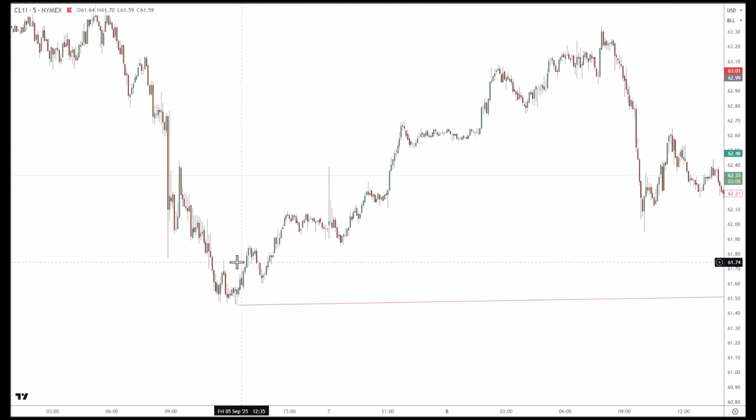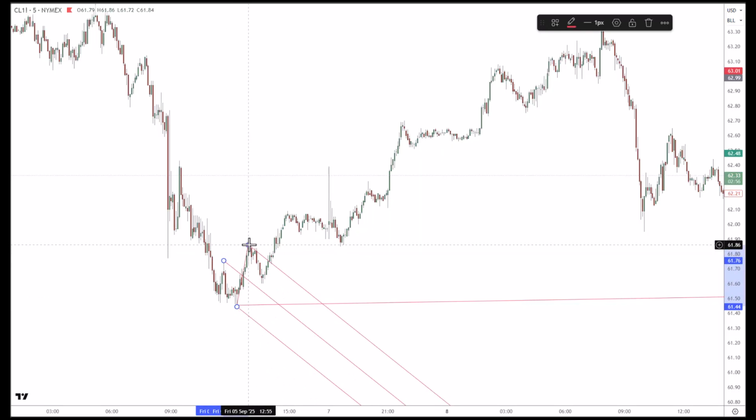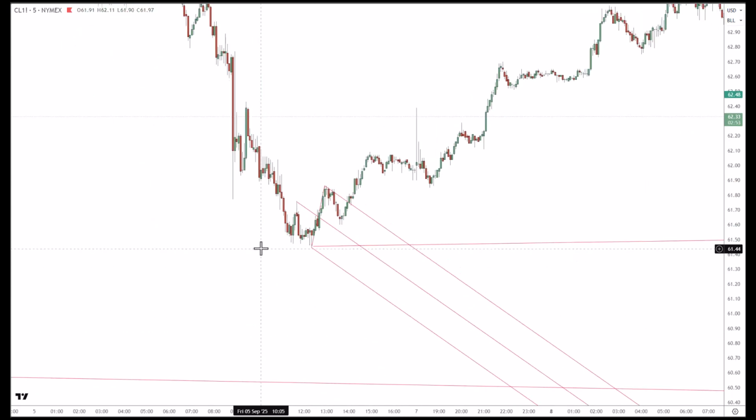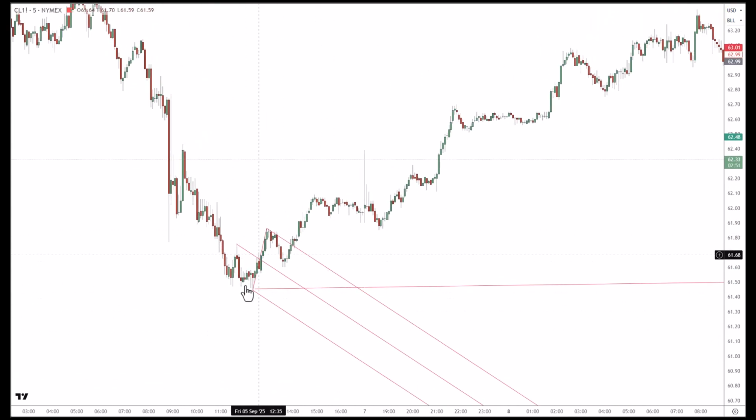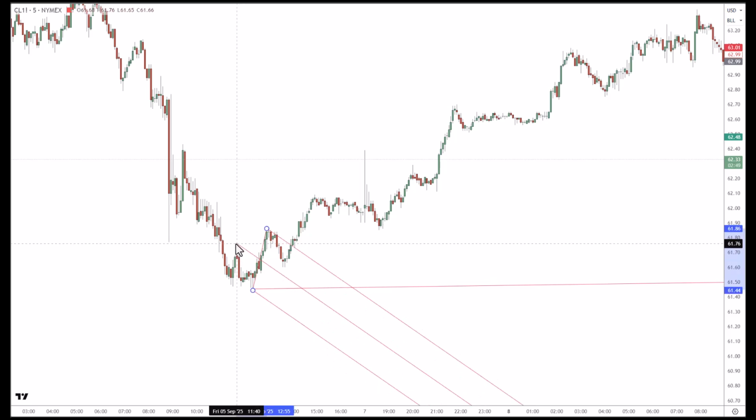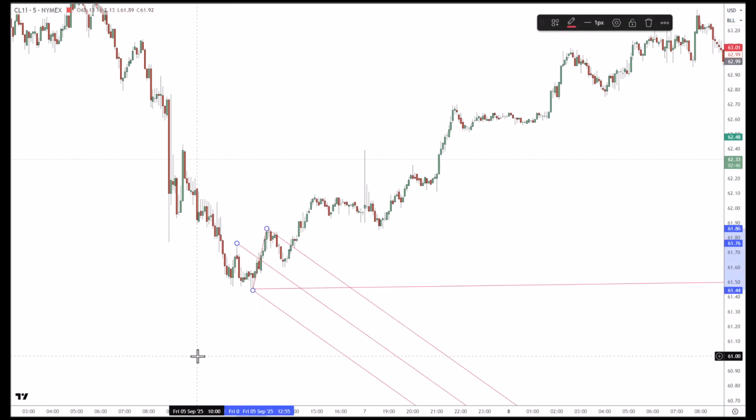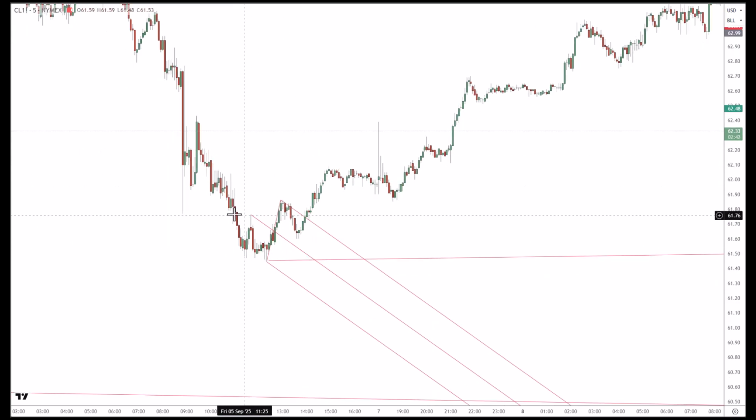Not only that, this high becomes a key pivot to use, and what we can do is use that as an A, and this is a B, and this as a C. Now what this fork then does, it just becomes a good pivot. You can use it in that manner. So what this then becomes is what we call a pendulum pullback median line. Tim Morge named it this, and he was saying that a pendulum swings backwards and forwards.